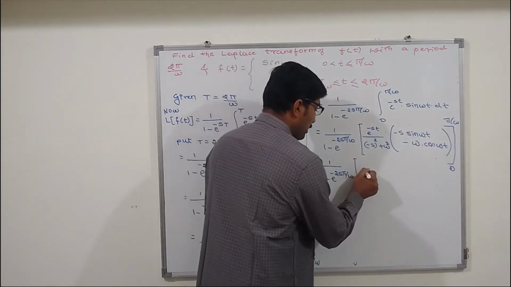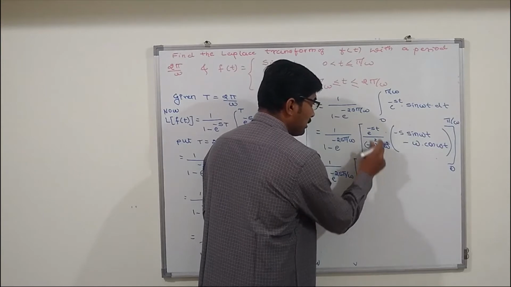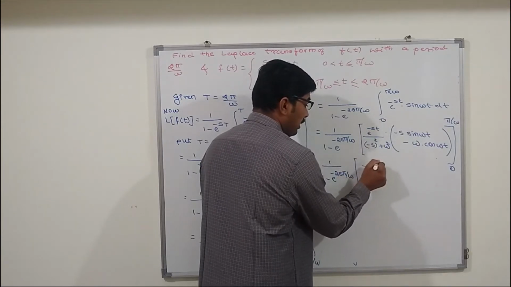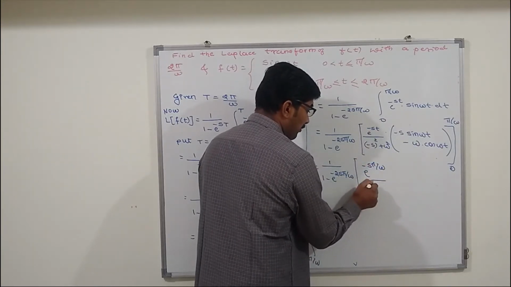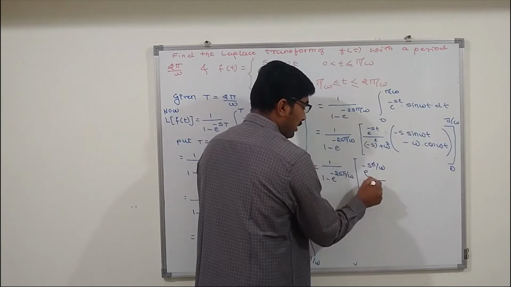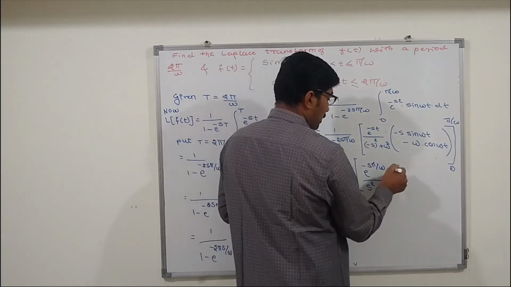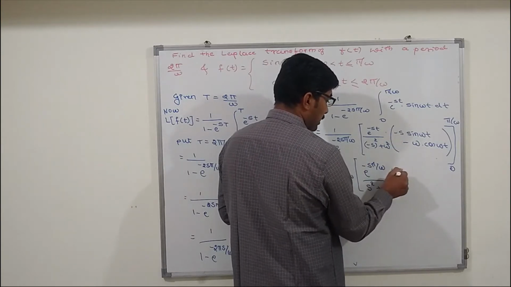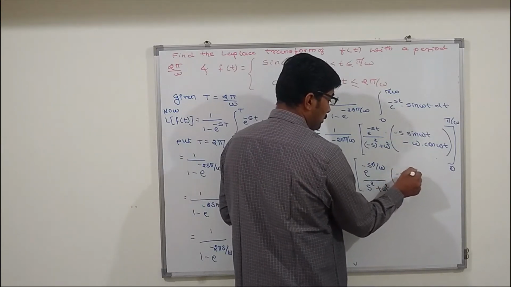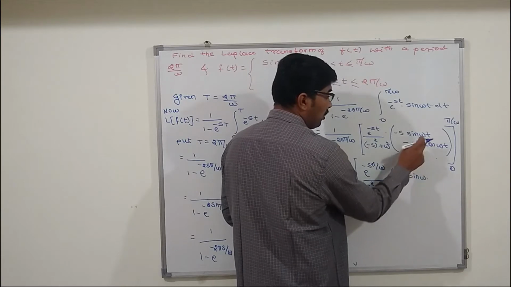So you will get e raised to minus s, t value is pi divided by omega, divided by s square plus omega square into bracket minus s into sine omega into t value.